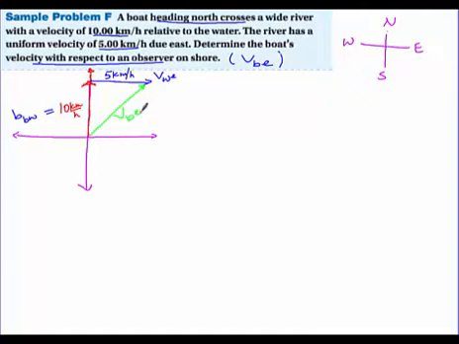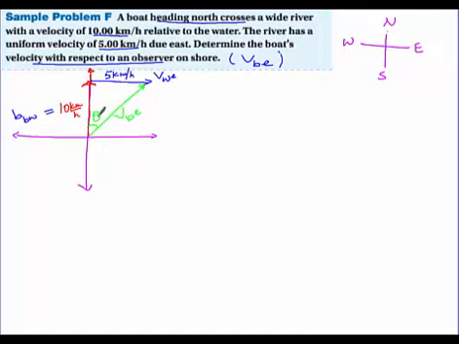And this is an angle, you can call it theta. Theta is the angle that the resultant vector makes with the y-axis, or with the north direction. So let's find this resultant vector.